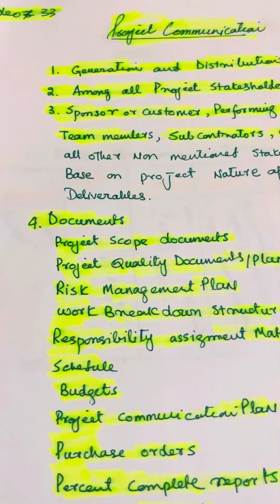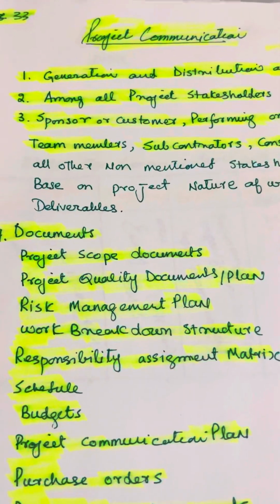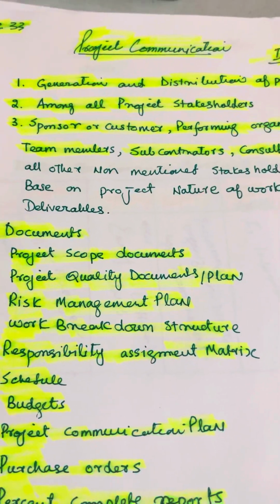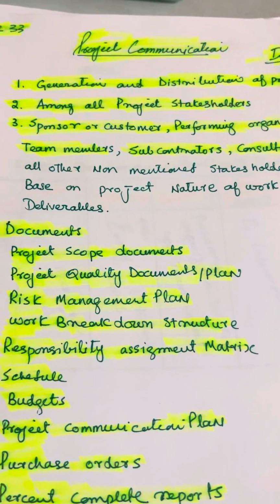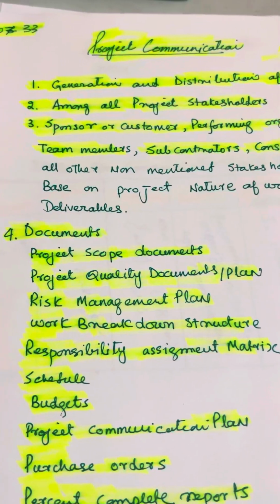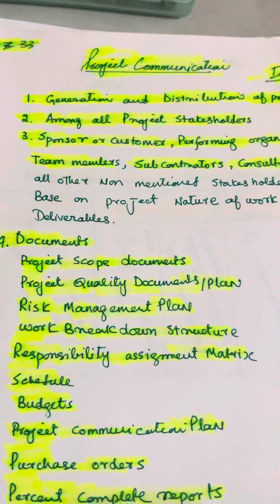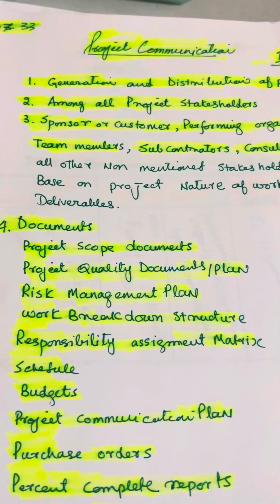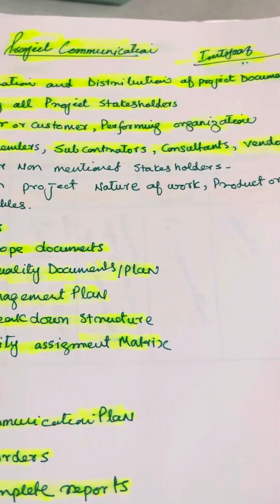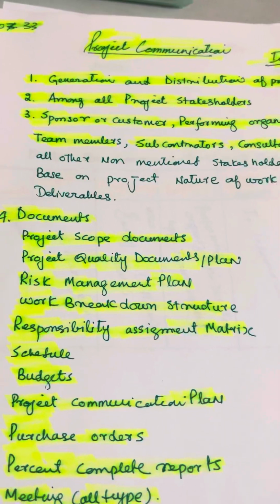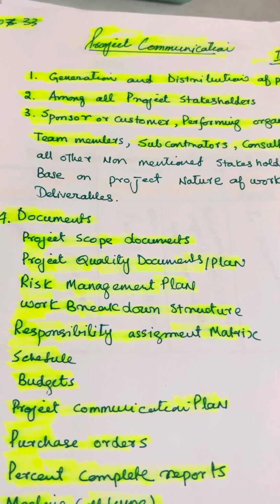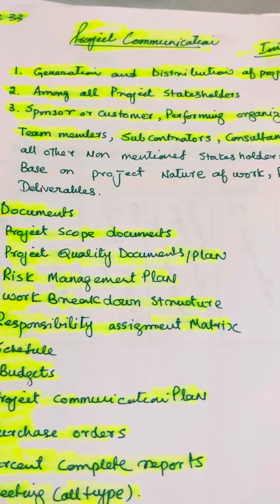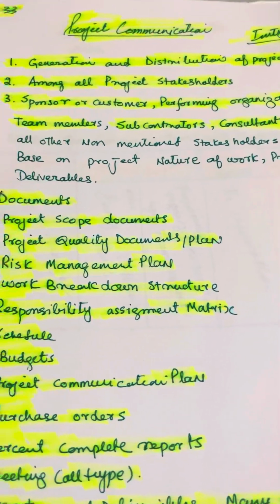So this is called the project communication plan, in which you generate documents and then distribute them to all project stakeholders. And the main ones are the sponsor, our customer, our performing organization. These are the people or the organization who run the project, who provide money and support to the project.